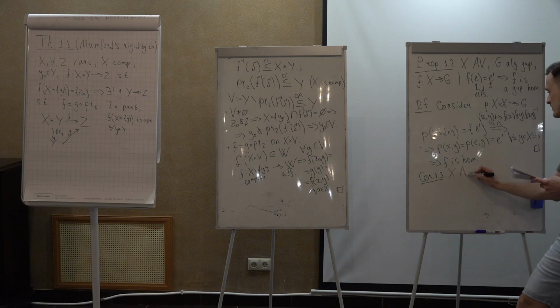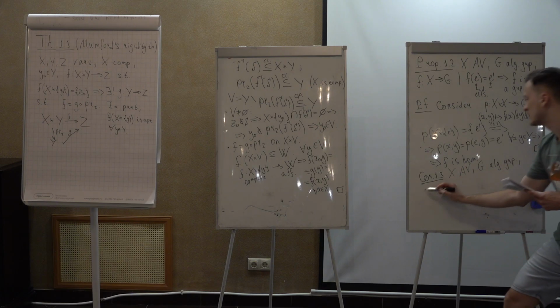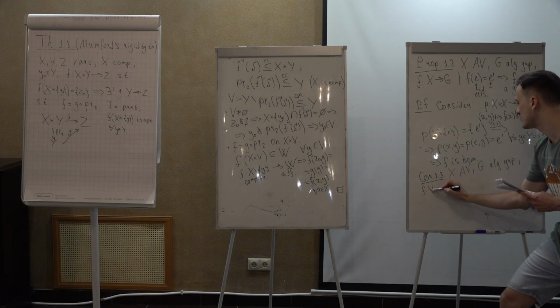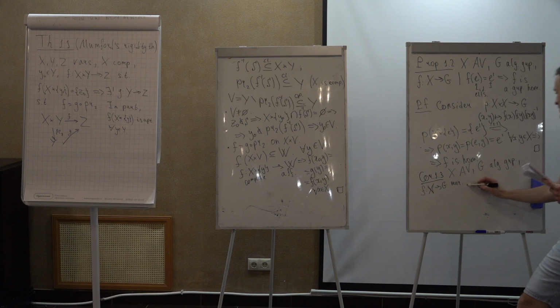So, X abelian variety, G again algebraic group. Again we have a morphism, just any morphism, and denote f of e equals g.